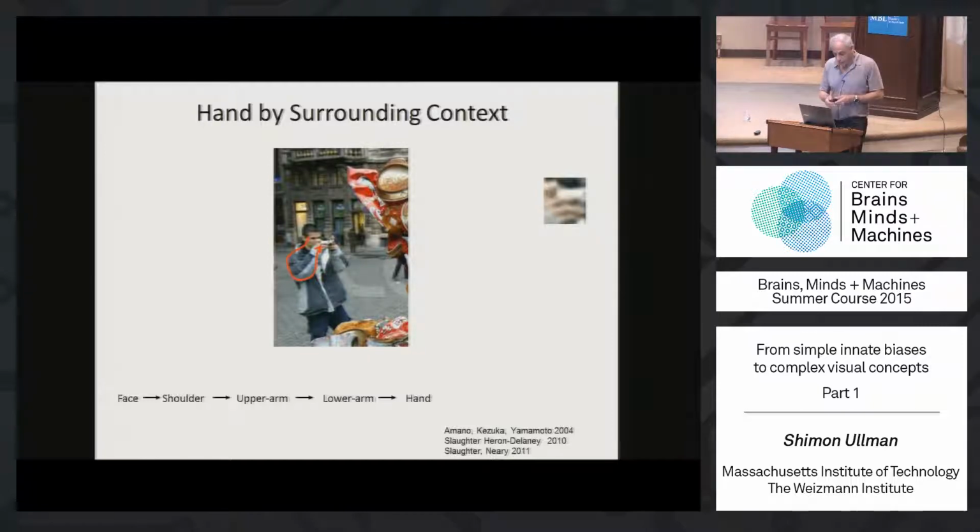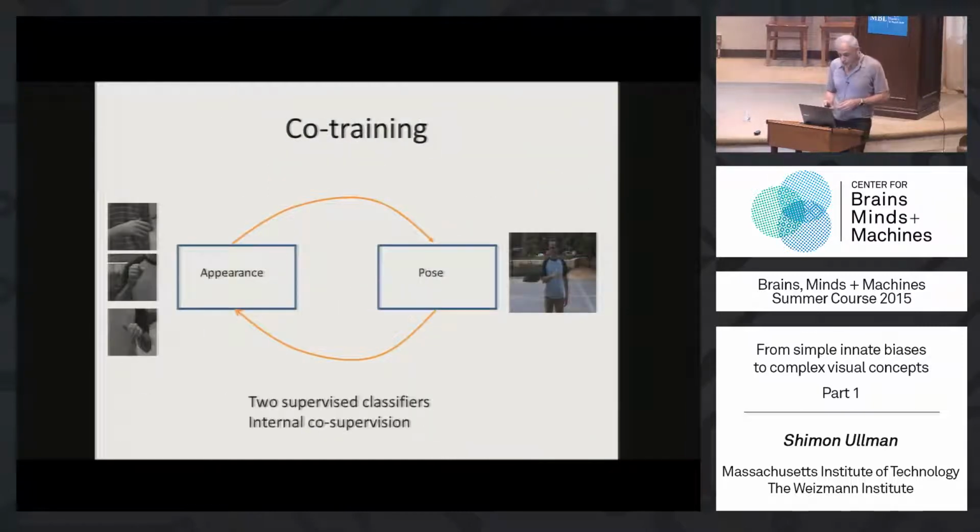If you think about it, the way it goes is shown here: the appearance can help find hands by the body pose, and the body pose can help find the appearance. So if, for example, initially I learned this particular hand in this particular appearance and pose, then I learn it by appearance, and I learn it by the pose.